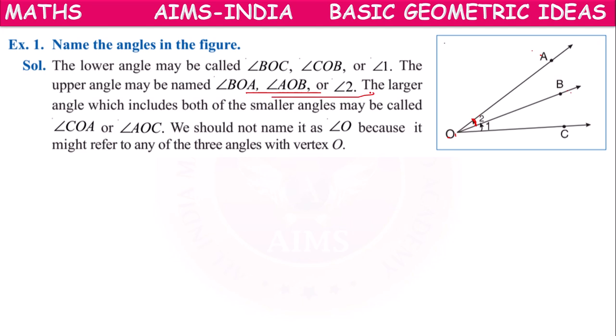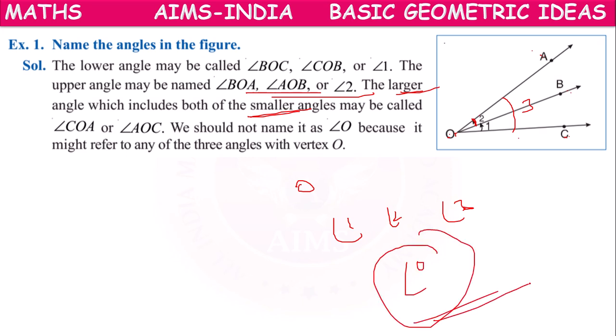The larger angle includes both the smaller angles and can be called COA, AOC, or angle 3. So at O, as we have three angles, angle 1, angle 2, angle 3, it is recommended not to represent them as angle O.